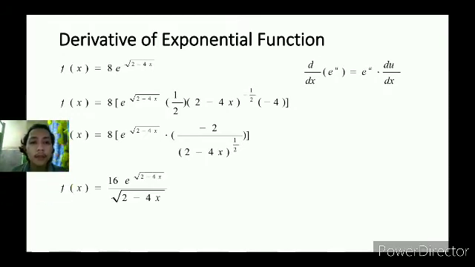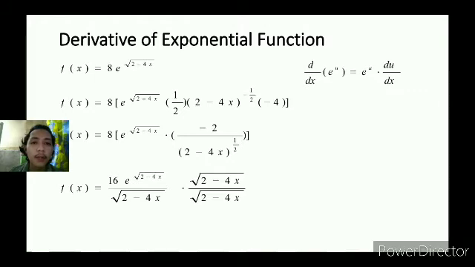F prime of x will now be equal to 16 e to the power of square root of 2 minus 4x all over square root of 2 minus 4x.